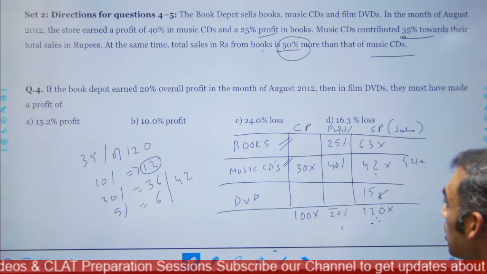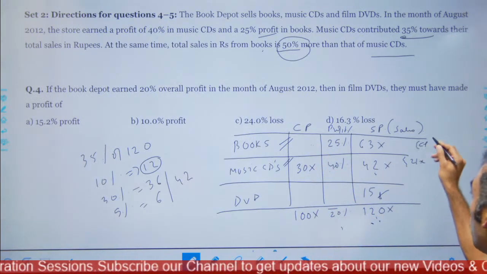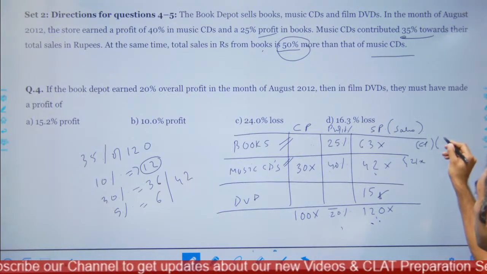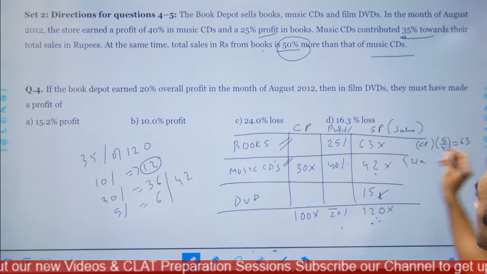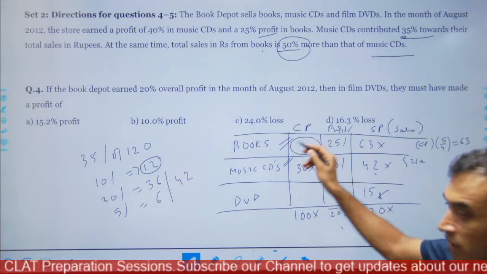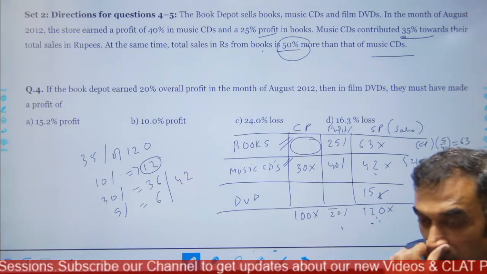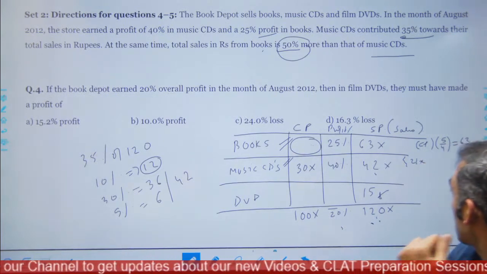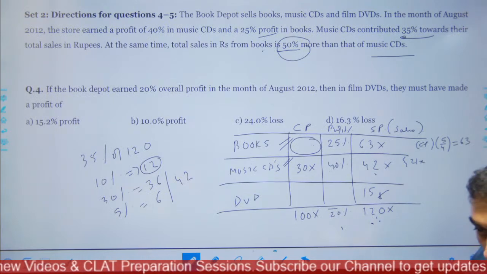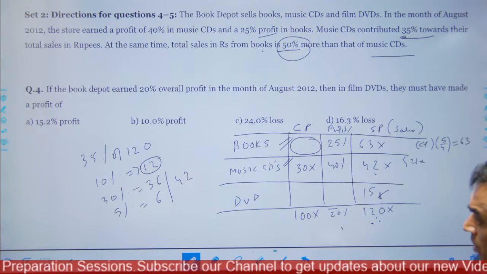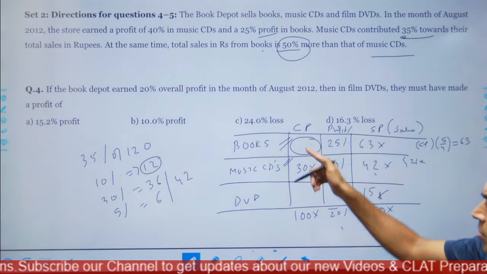Something, a cost price into 5/4 will give you 63. So we'll get this value. Tell me what the value is. If somebody has calculated, please tell me the value. Anyone? Yeah, Pavni, you got this one right. Tell me what books will be.